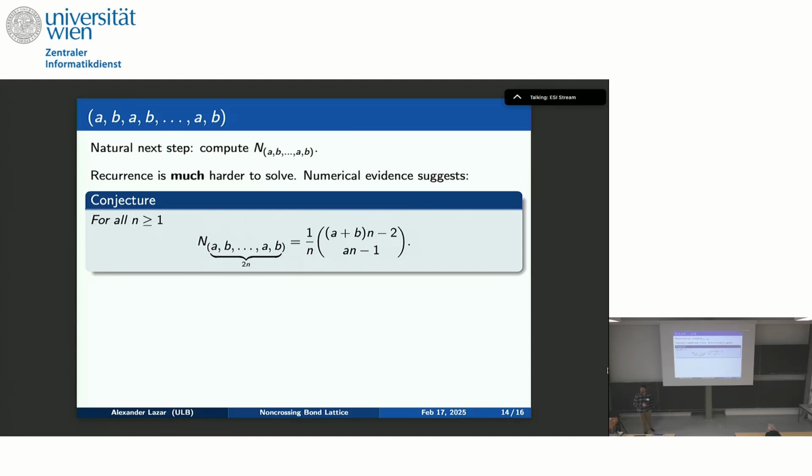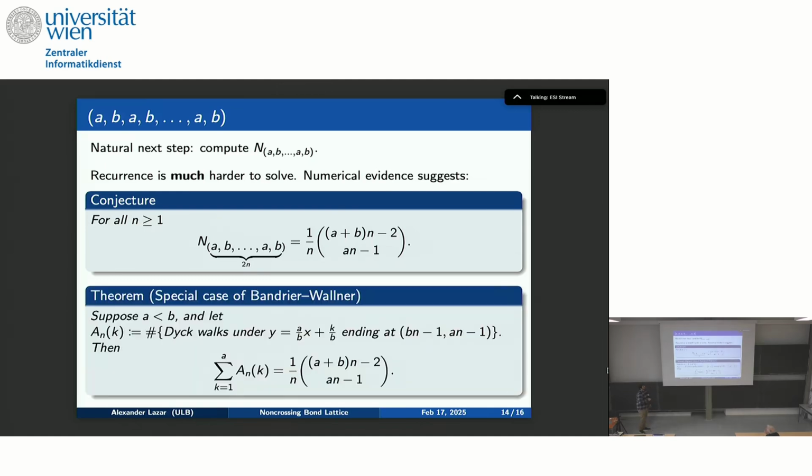You have several coupled functional equations that are nonlinear, but you throw it into Sage and you stare at the numerical evidence and you start throwing diagonals into OEIS, and out pops the following conjecture, which is that the number of these things I want to count is 1 over n times (a plus b)n minus 2, choose an minus 1. And for a long time, I ended talks like this with, has anybody seen these numbers? But I found them.